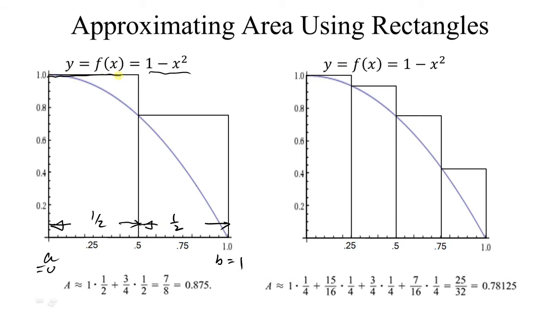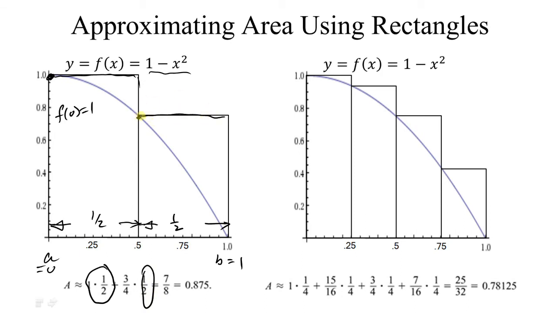We would calculate the value of the function at this point, which is equal to 1. So the height of the rectangle is 1. So the area of this first rectangle is 1 times 1/2. The second rectangle, its width is obviously also 1/2, but we need to calculate the height of the rectangle.